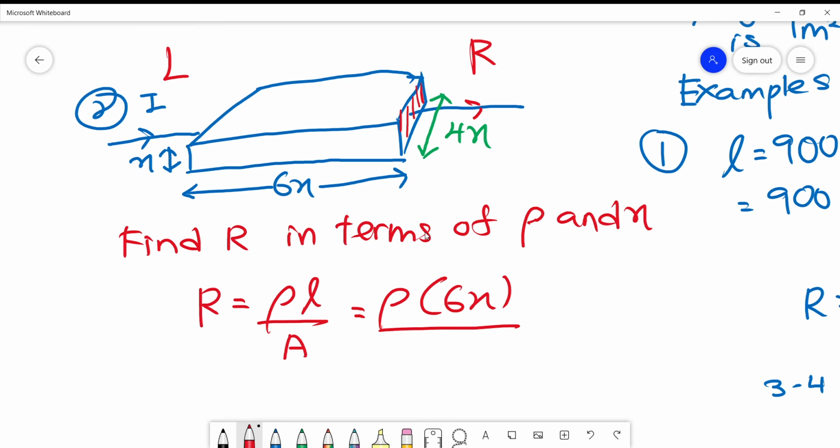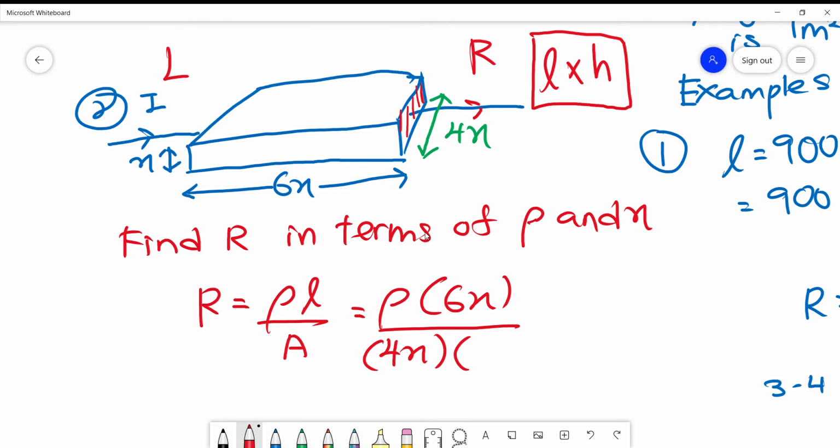So the cross-sectional area is a rectangular shape, and the area of a rectangle is the length times the height. Following this formula, I get 4x times x.